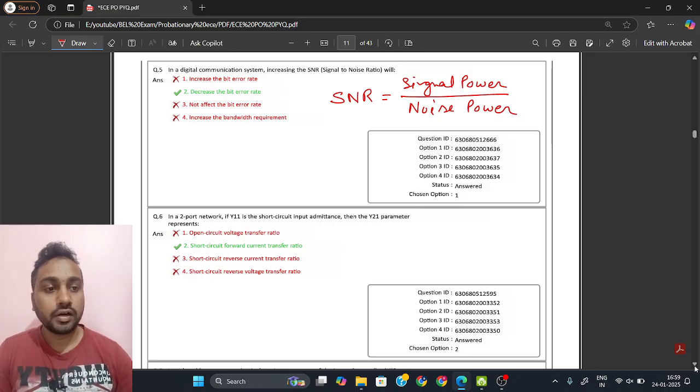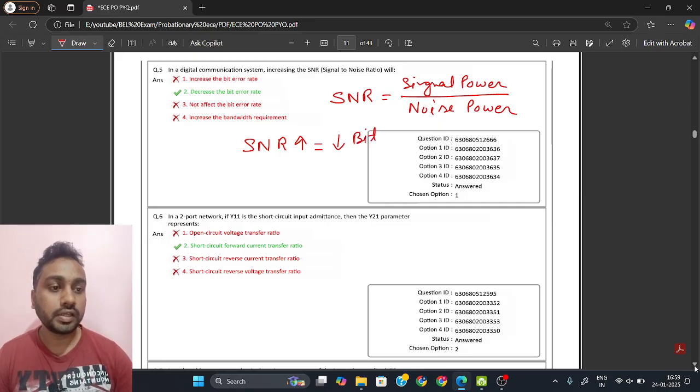And whenever SNR increases, it will decrease the bit error rate. That is called BER, bit error rate. Option 2 will be your right answer.